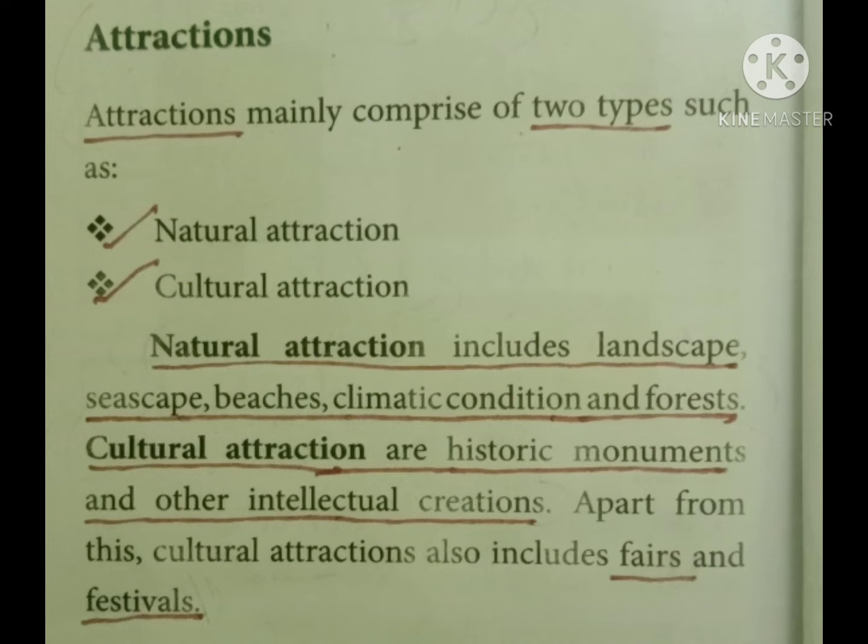Natural attraction, as the name itself says: landscape, beaches, climatic conditions, forests, everything we can call natural attraction. The second is cultural attraction, which is related to historical places and monuments. Everything comes under that.